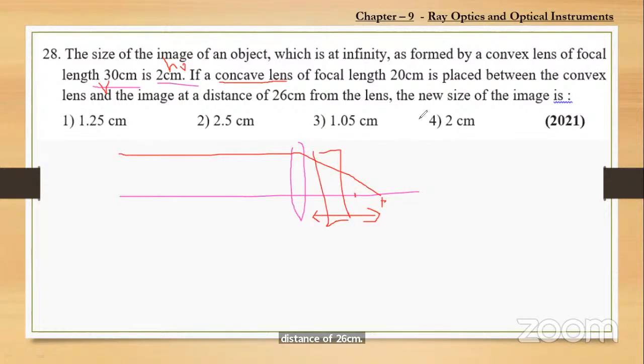What happens to the new size of the image?